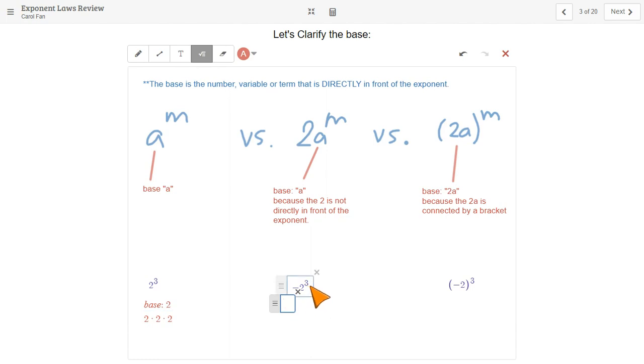Negative 2 to the power of 3. Now, it looks like negative 2 is the base, but because there is no bracket, the negative sign is not considered something that is directly in front of the exponent. And so our negative is like a coefficient.